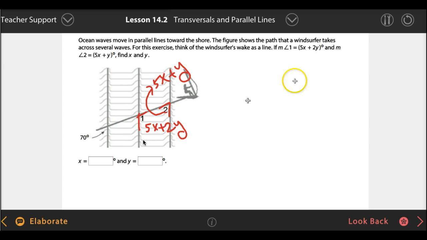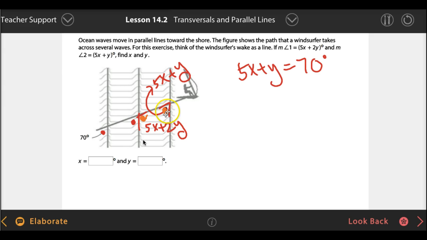These are all parallel lines, so this angle is 70 degrees, and that should be 70 degrees. You know what that tells me? Angle 2, 5x plus y, is equal to 70 degrees. Then what about 5x plus 2y? What's the relationship between this angle and that angle? Yes, they are same side interior, so they add up to 180 degrees.